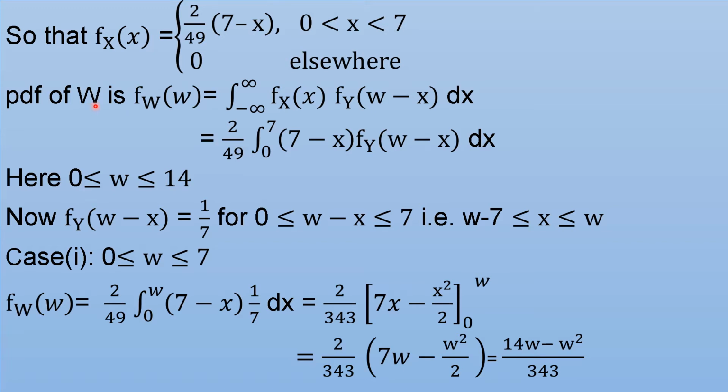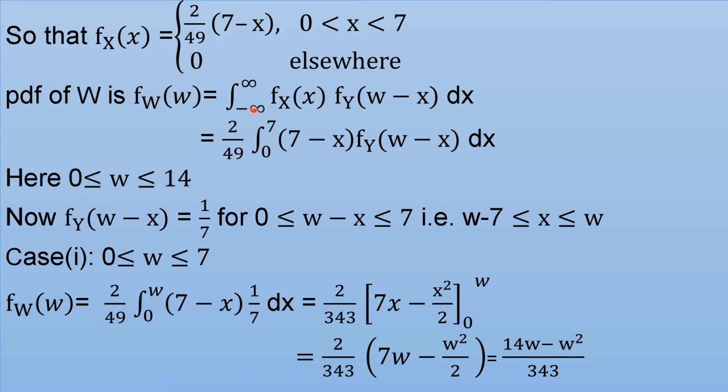Now the probability density function of w, that is fw of w, is the convolution of fx of x and fy of y, which is given by the formula integral from minus infinity to plus infinity of fx of x into fy of w minus x dx. Here fx of x means 2 divided by 49 into 7 minus x for x values between 0 and 7, and it will be 0 for all other x values.